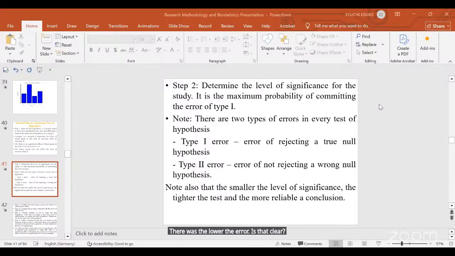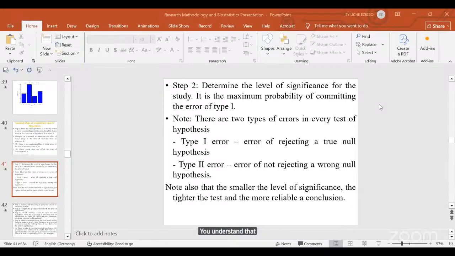If I say, for instance, that my level of significance is 0.05, what does it imply? It implies that I can accommodate 5% of error. You understand? Another person says that his level of significance is 0.01, which means he wants to conduct his research by accommodating only but what? 1% of the error. Do you understand that?